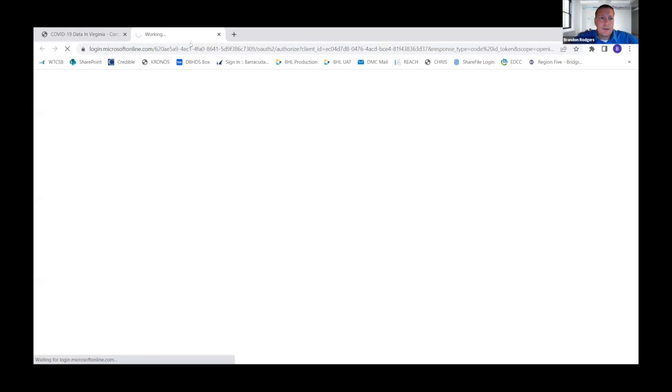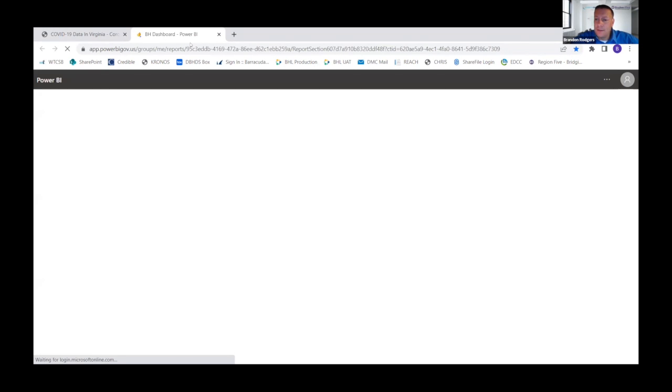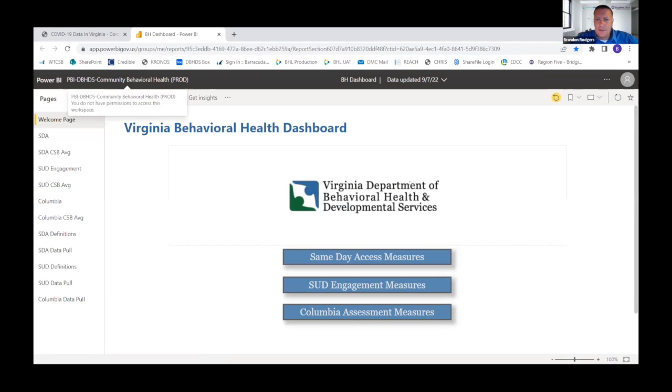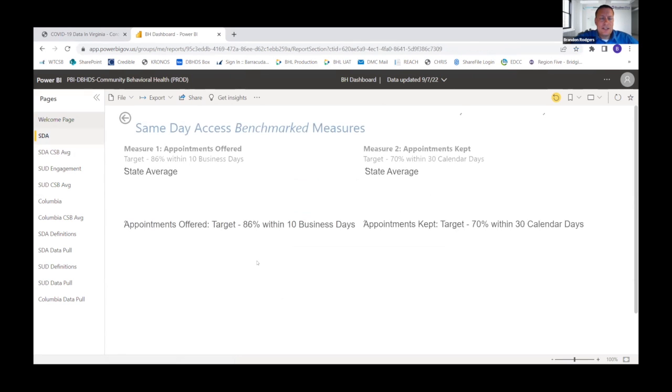We also have dashboards that are published by the Department of Behavioral Health, and these are around certain service metrics. So can everybody see this that says same day access measures? I want to make sure that tab showed up. I saw a couple of shakes. Good. And so DBHDS does this for us.